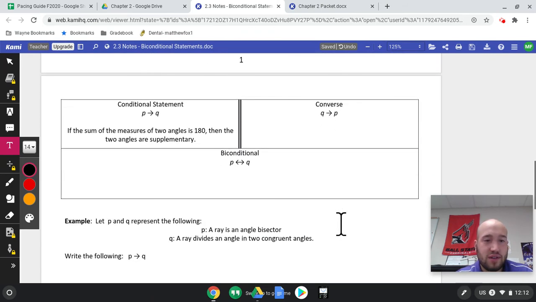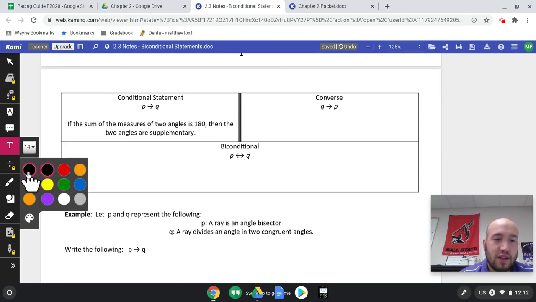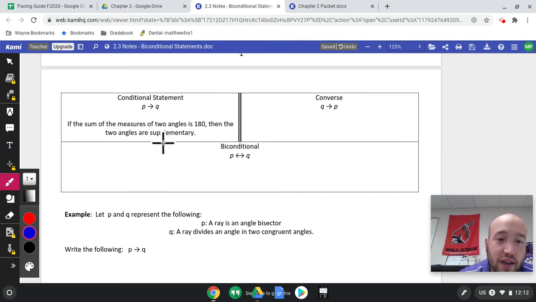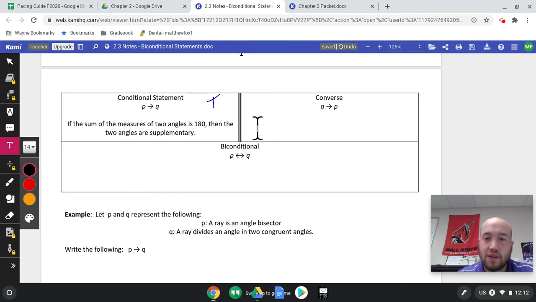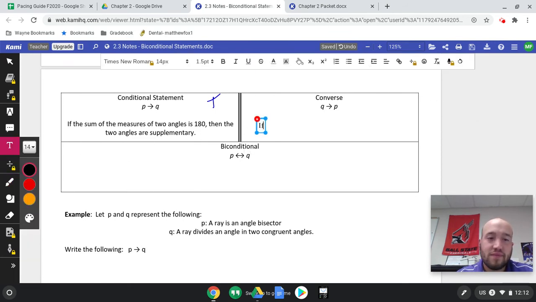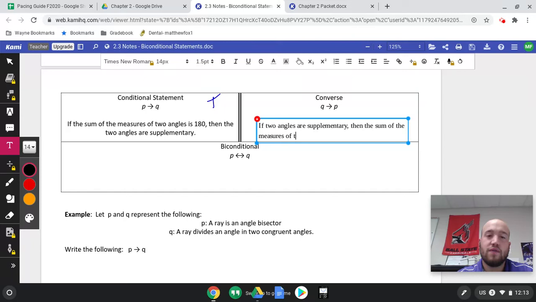So I'm going to do another example here. If the sum of the measures of two angles is 180, then the two angles are supplementary. We know that is true. Now we need to write our converse and see if the converse is true. If two angles are supplementary, then the sum of the measures of the two angles is 180.